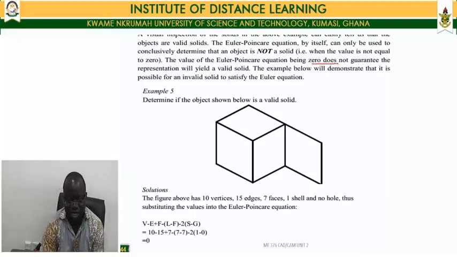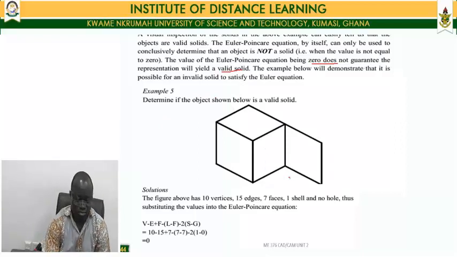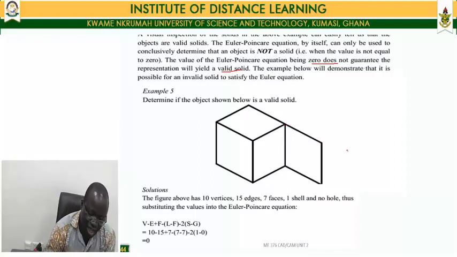Let's assume that we have a cube here, and then we have this flap, which is bounded to this edge here. Now, if we have this representation, let's do the counting.